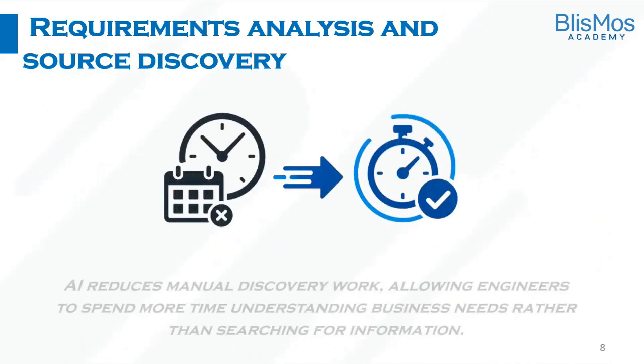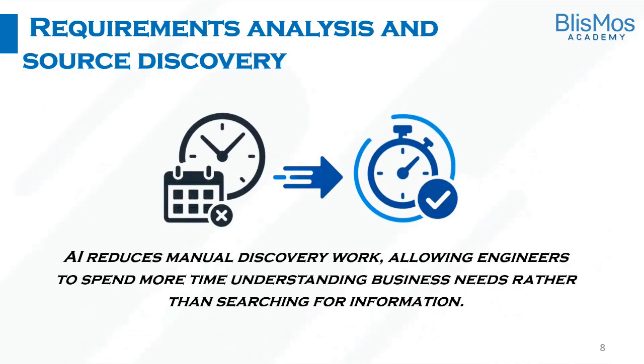So all in all, the key message is AI can help in most of the activities of requirements analysis of data engineering, reducing the manual work so that engineers can spend time on understanding business needs rather than searching for the information, documenting the information.